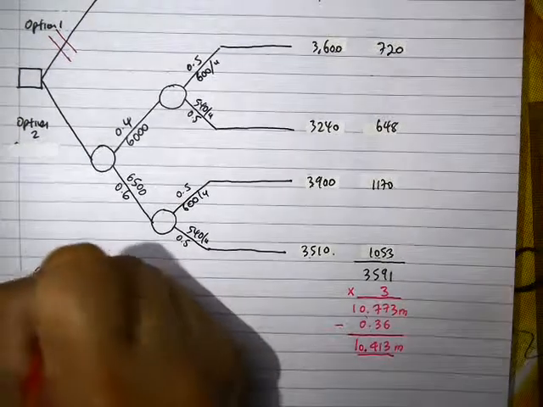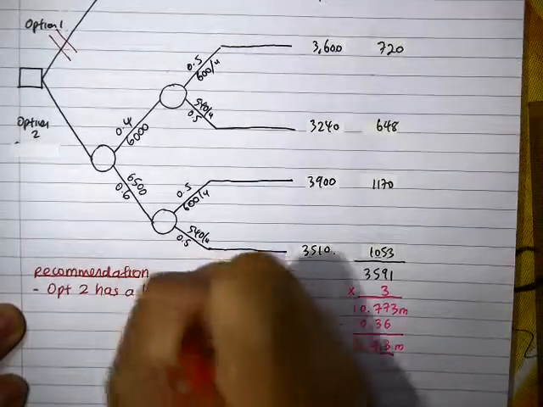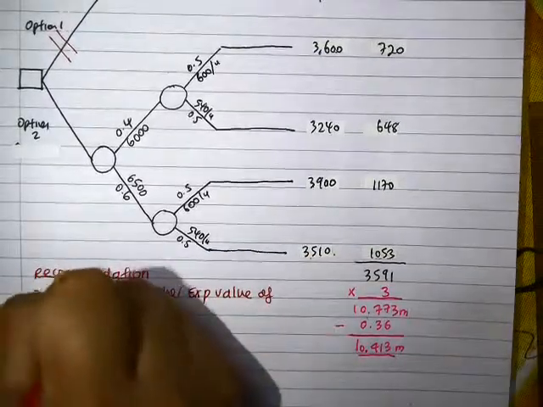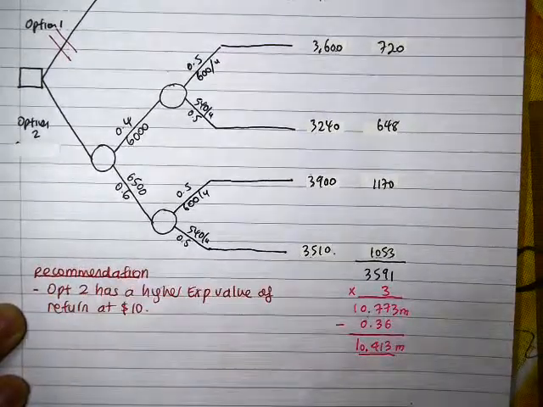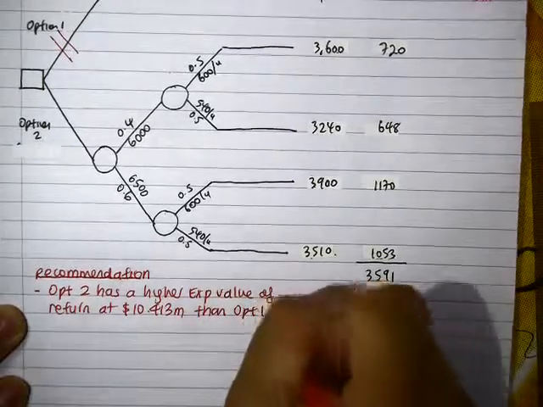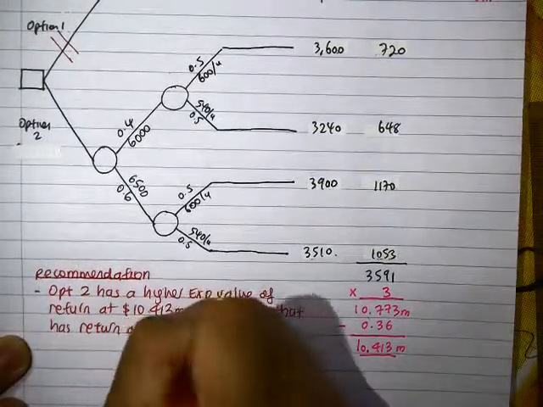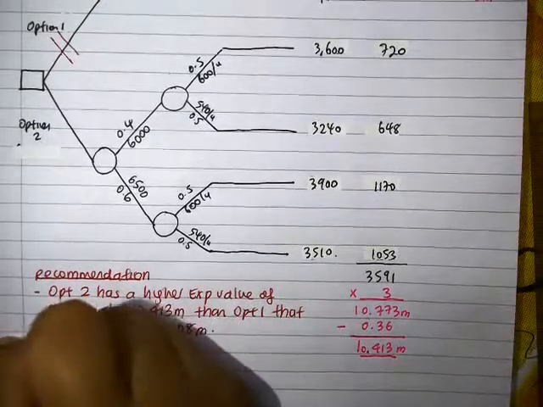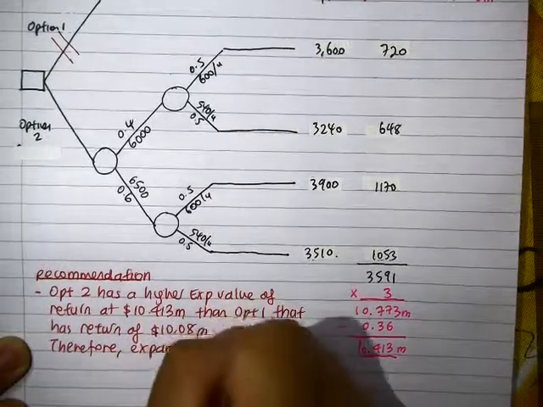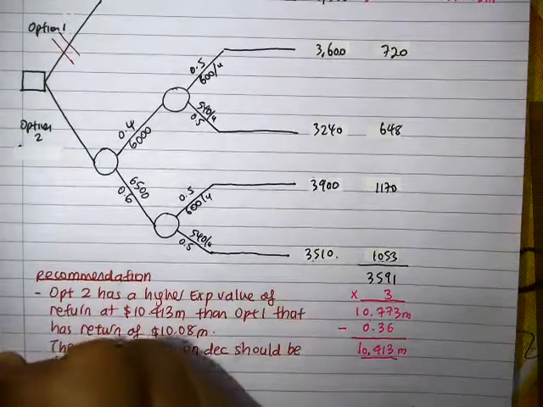Okay, now option 2 has a higher expected value of return at 10.413 million than option 1 that has a return of 10.08. Therefore, the expansion decision should be taken.